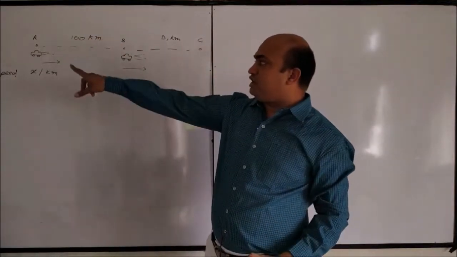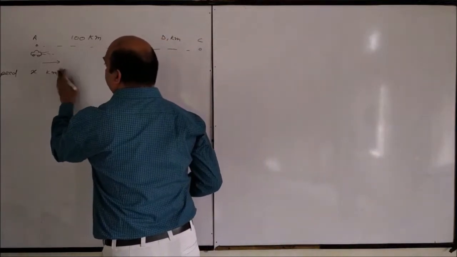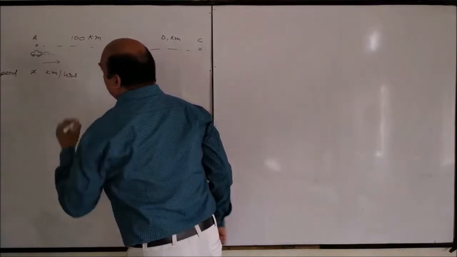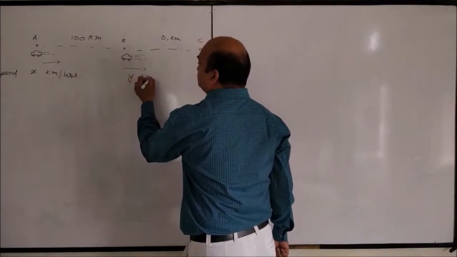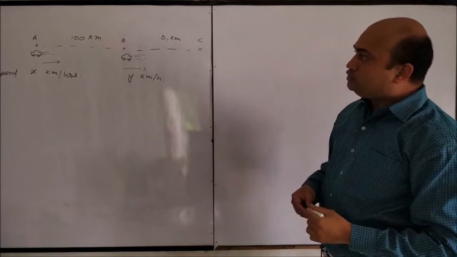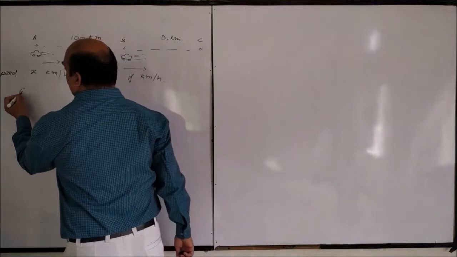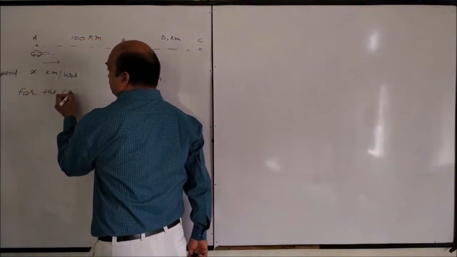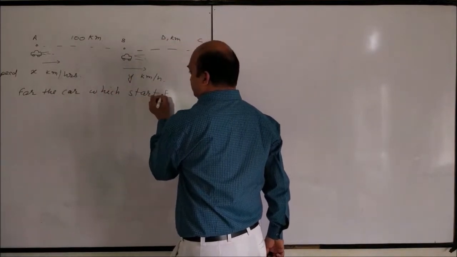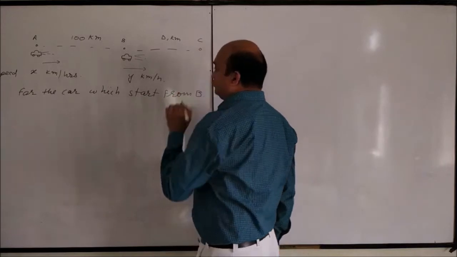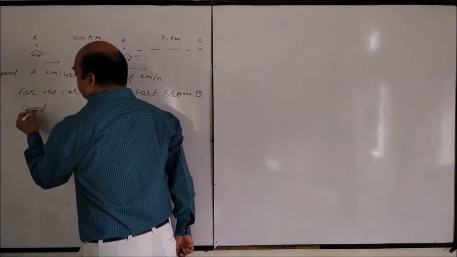We consider the speed of the car that starts from A is x km per hour, and the speed of the car that starts from B is y km per hour. If we talk about the car which starts from B, we can use the formula speed equals distance upon time.